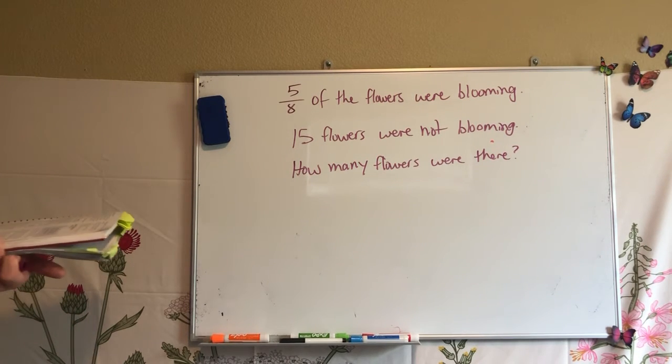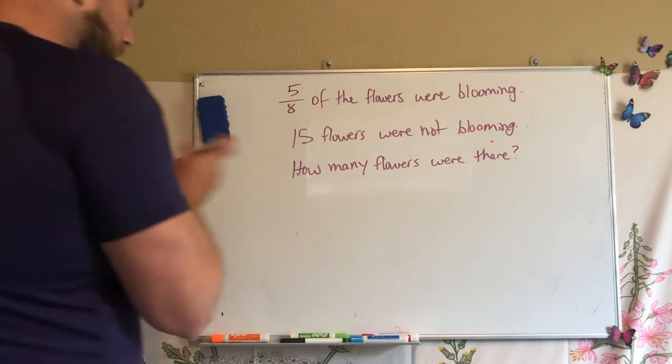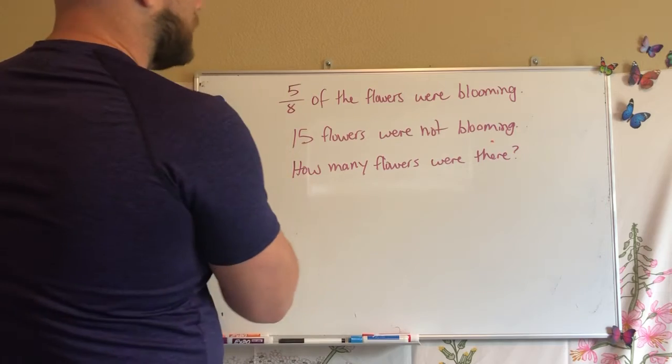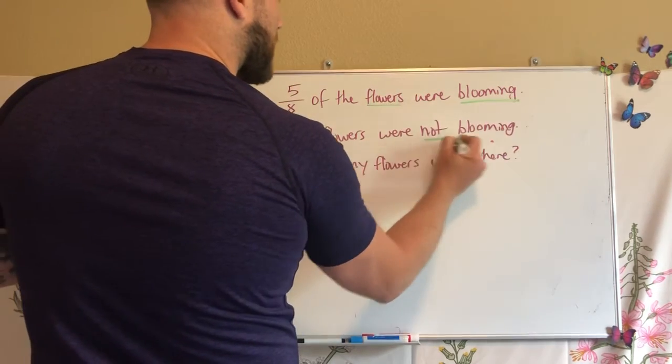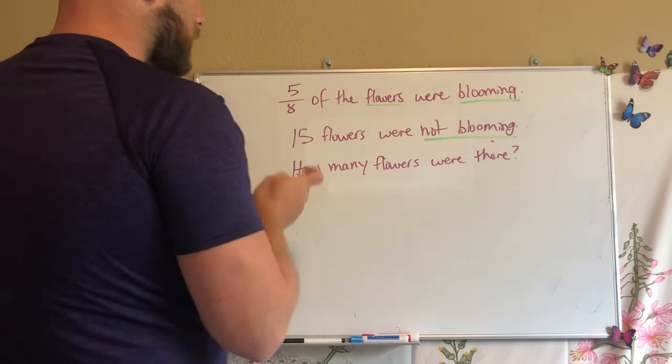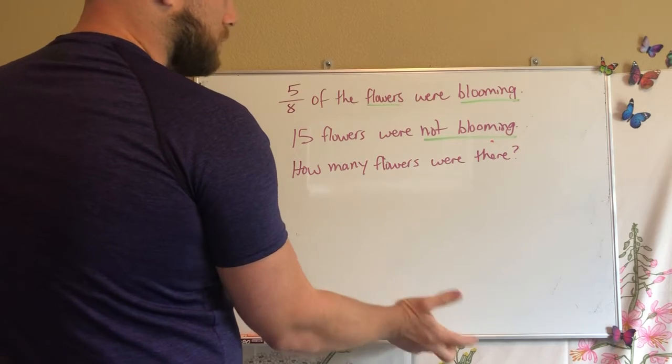How many flowers were there? How many names does it give us for this equation? We have flowers, blooming, and not blooming. The number it gives us is for flowers that are not blooming, which is 15.